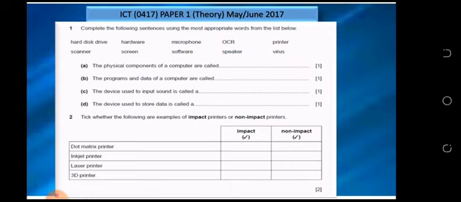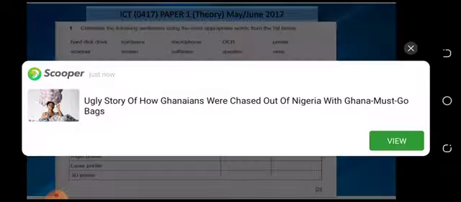So this is an example of paper 1 theory. We still have some questions where the student can explain, where the student can evaluate.